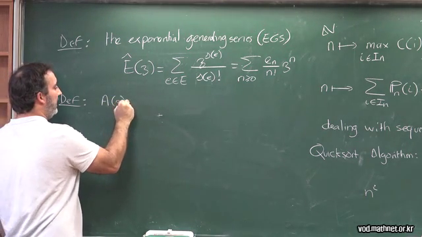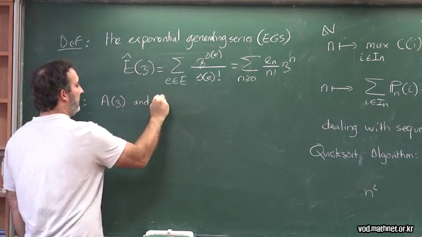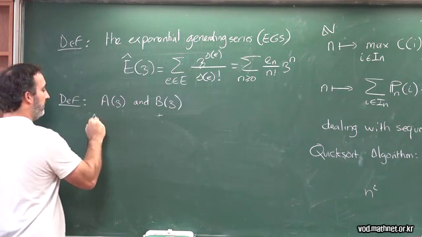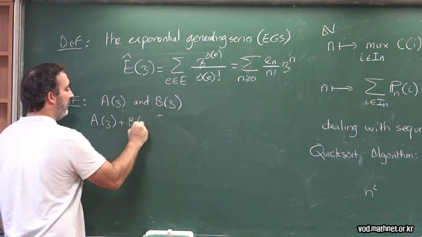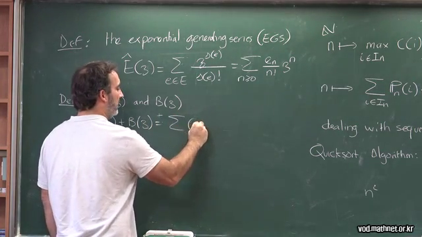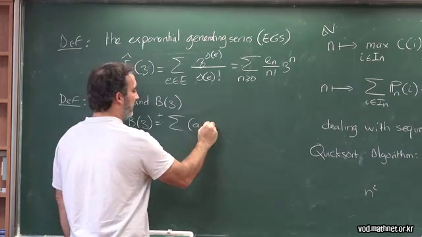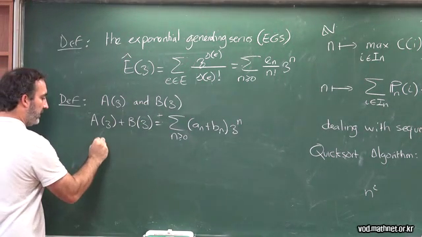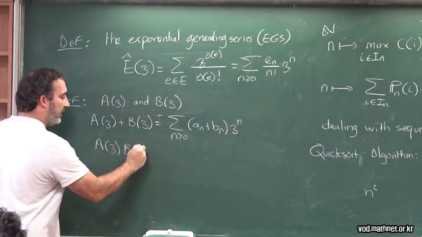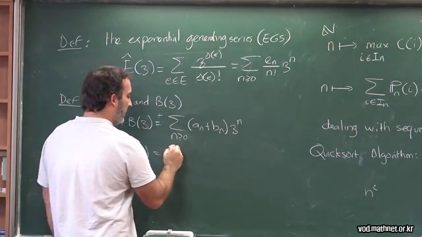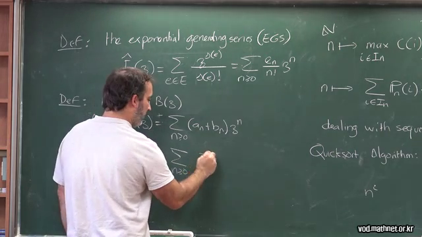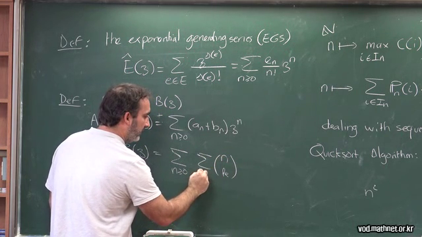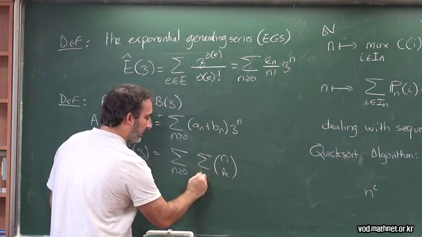If I take A(z) and B(z), two power series, the sum is simply the series with coefficients a_n plus b_n, where a_n are the coefficients of A and b_n are the coefficients of B. And to do the product, this is why we use this notation with series, you do the classical product on series or polynomials, which is this one.